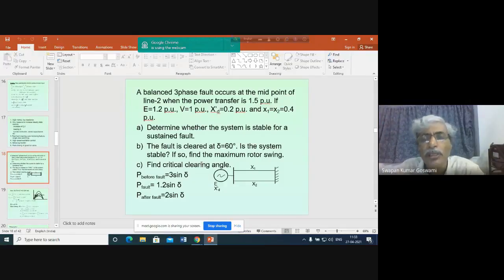Armature current flows. Because of the armature current, a flux is generated. That flux interacts with the field flux, and this interaction is called the armature reaction. This effect of armature flux on the field flux is represented in the form of some reactance, that is the armature reaction reactance, say Xa. So leakage reactance plus armature reactance, this is the synchronous reactance.